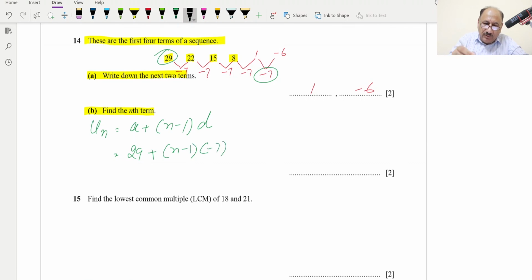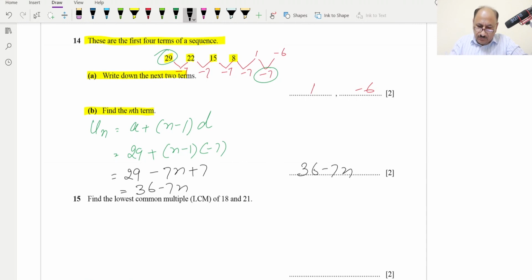You will have to put it in brackets, and then we can simplify: 29 minus 7n plus 7, and 29 plus 7 is 36. So 36 minus 7n will be our final formula.